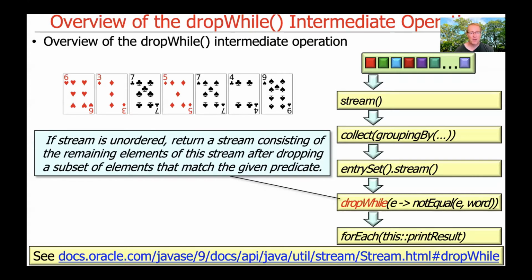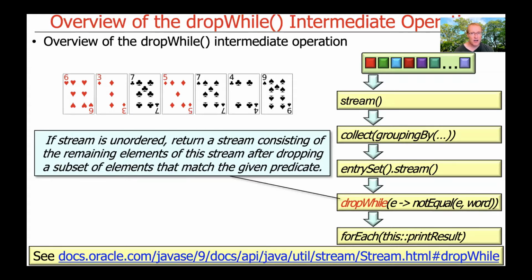So I don't care the order in which things will be produced in the final result that comes out of the terminal operation. So if the stream is unordered, if we don't care about the order of the output, then what happens with dropWhile is we will return a stream consisting of the remaining elements in the stream after dropping a subset of the elements that match the given predicate. So as we'll see when we look a little bit further, if you want to skip over stuff up to the point where something is no longer matching a predicate, then you use dropWhile, and it'll basically ignore all the elements that match the predicate.